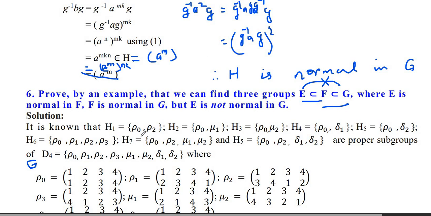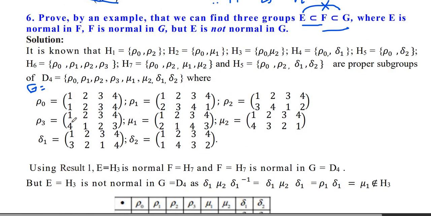Examples we had a lot. This is one among them. So G is taken as your dihedral group. In that, these are the subgroups, where each row stands for what is to be mentioned. Now using result 1, you have E to be normal in F. What was result 1?